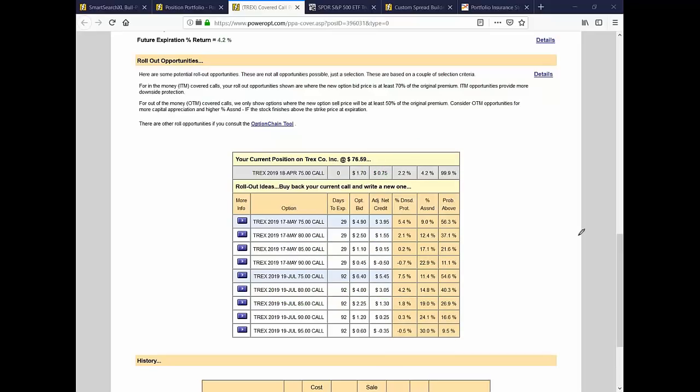Now, it's great to see things numerically, but let's be honest, we all want to see things more visually. So as I see my rollout opportunities on my positions, I'm going to consider rolling up to the May 80, 29 days away. I'll use the More Information button next to that potential rollout opportunity and click on Simulate Trade.